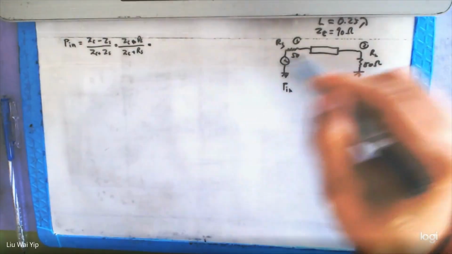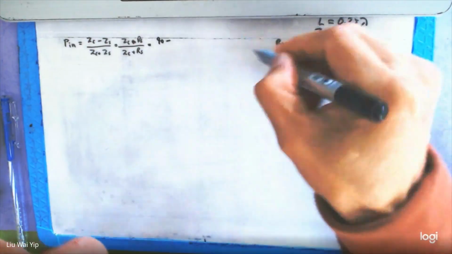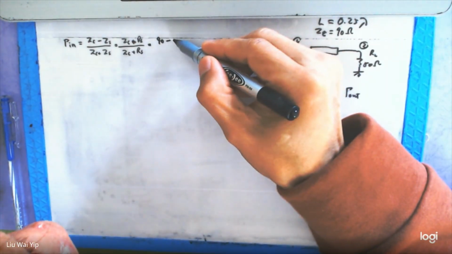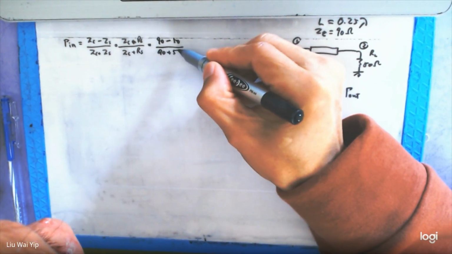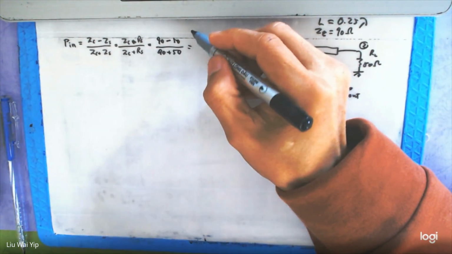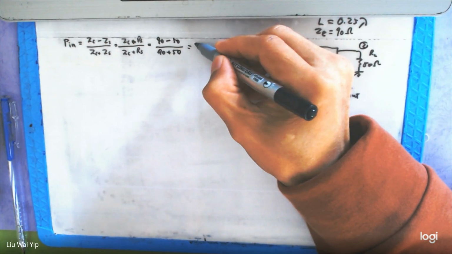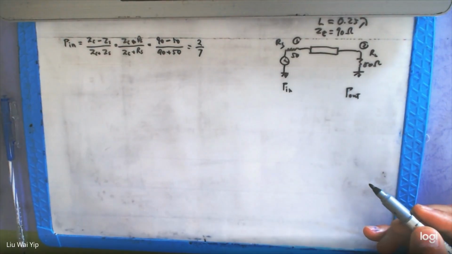So the characteristic impedance here is 90 minus 50 over 90 plus 50. So from what we can get here, the value should be 2 divided by 7.